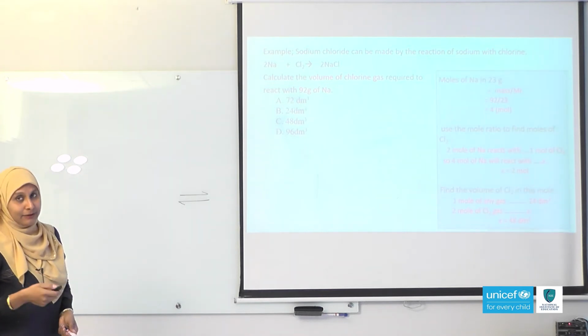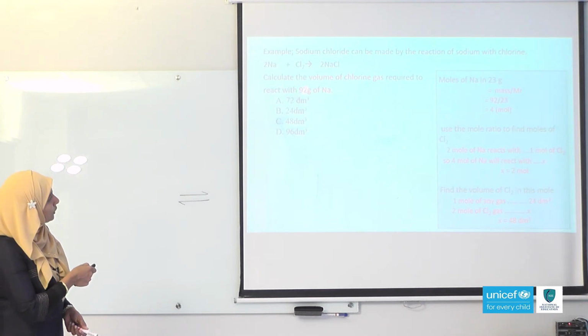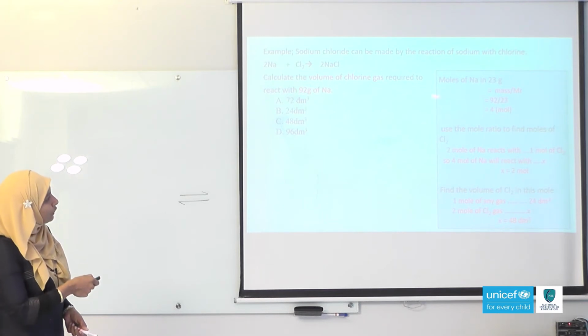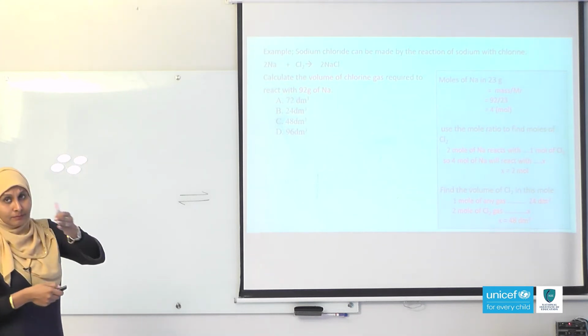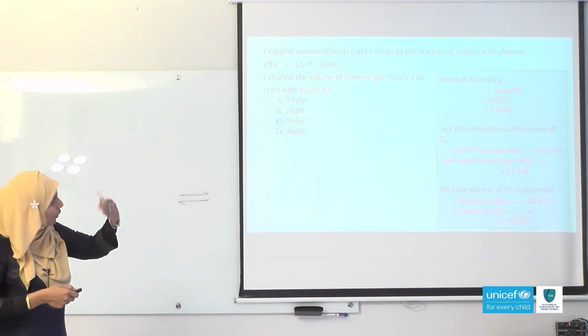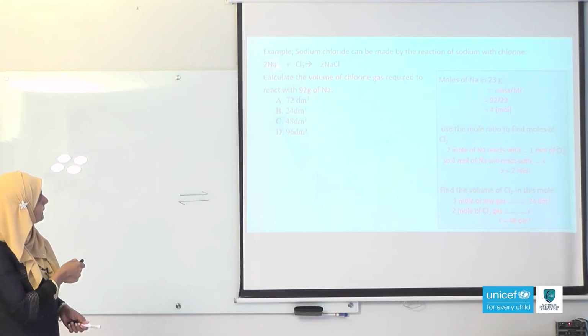The traditional way of doing this is to initially find the moles of 92 grams of sodium. It is done here, mass over molar mass, 92 over 23 giving 4 moles of sodium. Then from there you go back to the equation because we need to find the relationship between the reacting moles of sodium and chlorine.